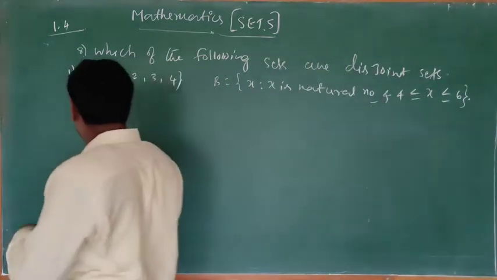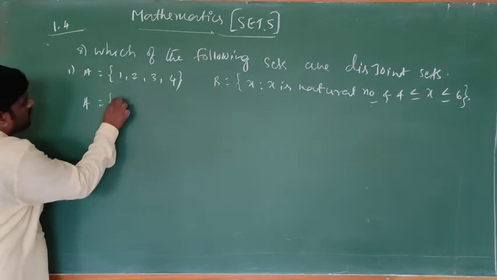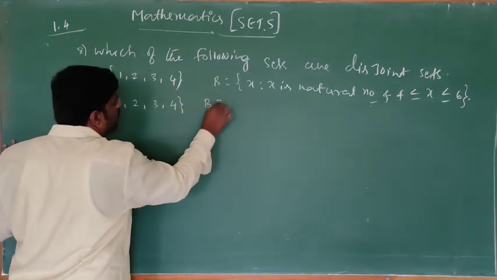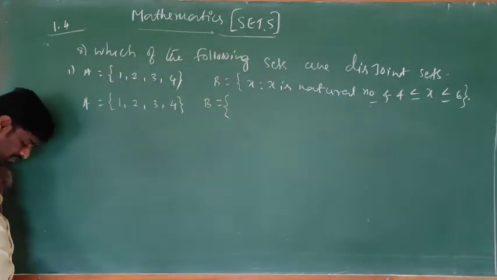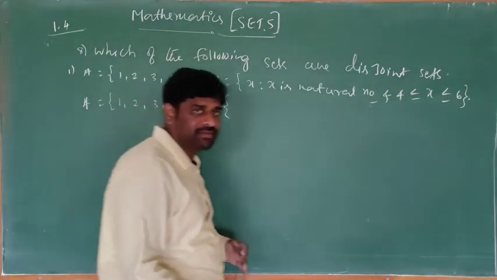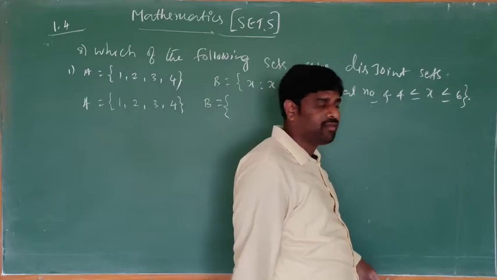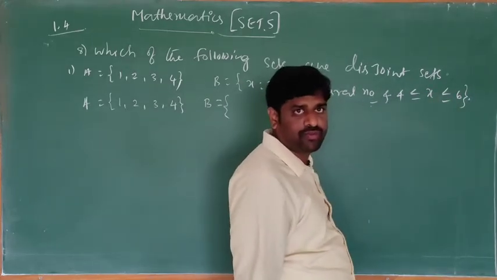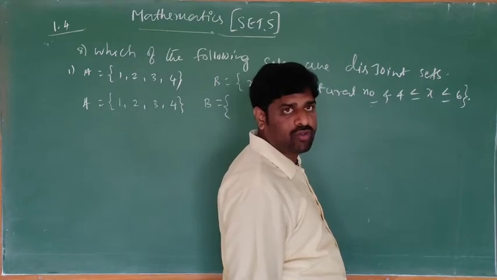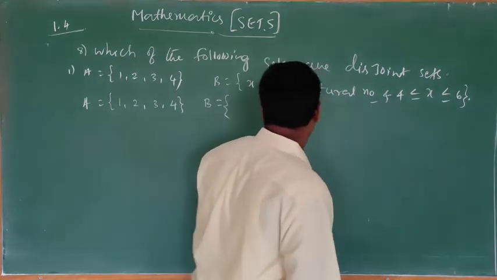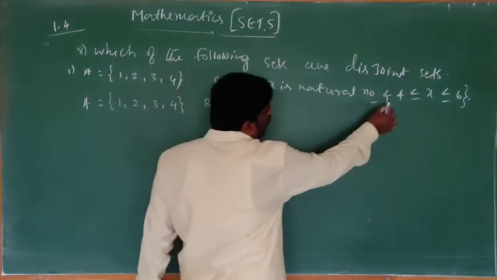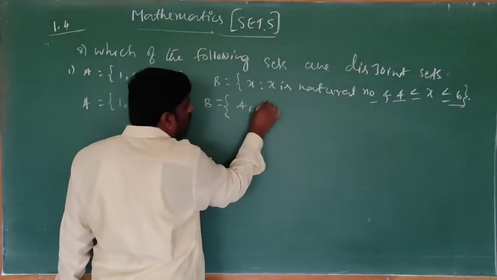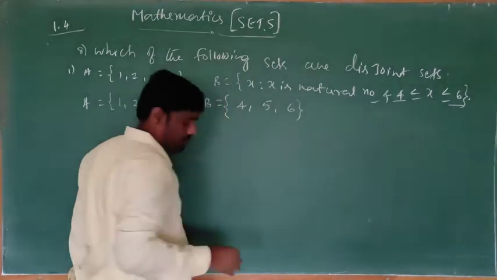Dear children, here A is equal to {1, 2, 3, 4}. B is equal to, here interval form is given. 4 closed, 6 closed, that means including 4 and including 6: 4, 5, 6.